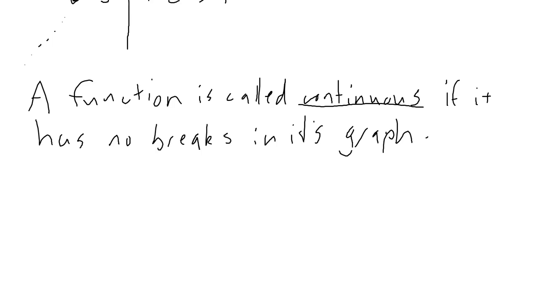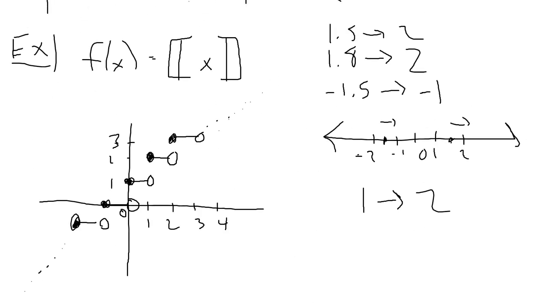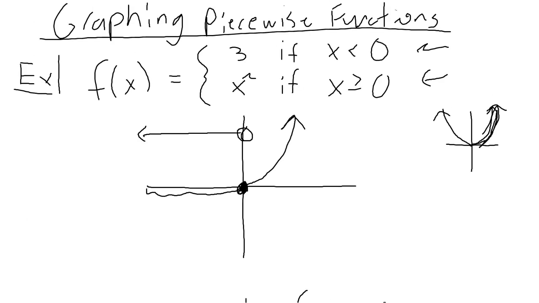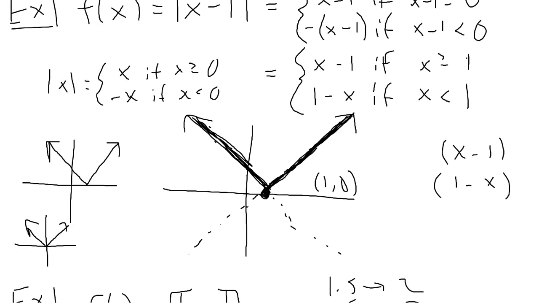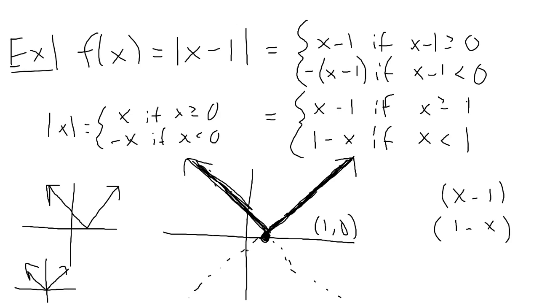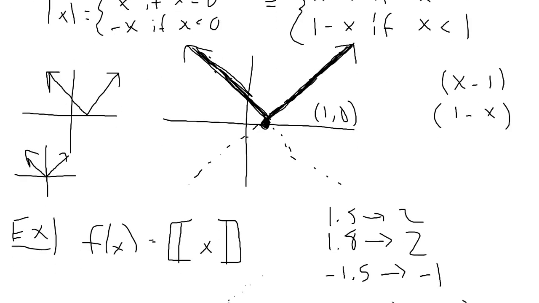So looking back at the functions we just talked about, this first one is not continuous because it has a break where at x equals 0 you make a big jump. This one doesn't have that jump, even though it has like a little sharp point. It never actually has a break in the graph.